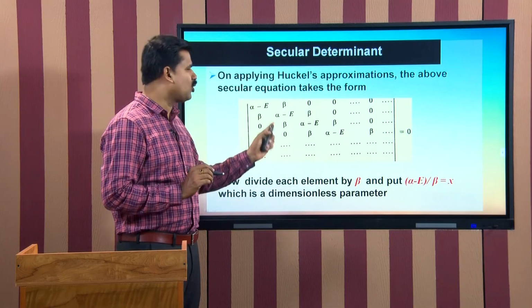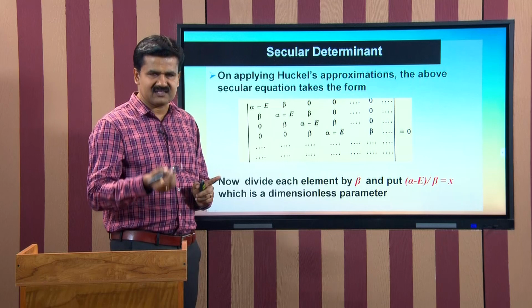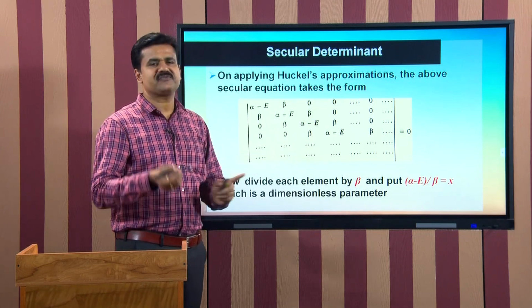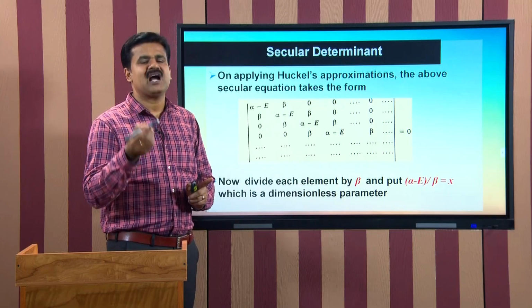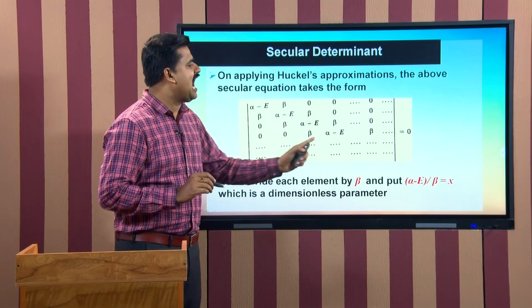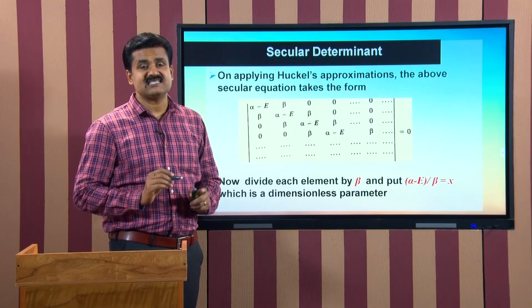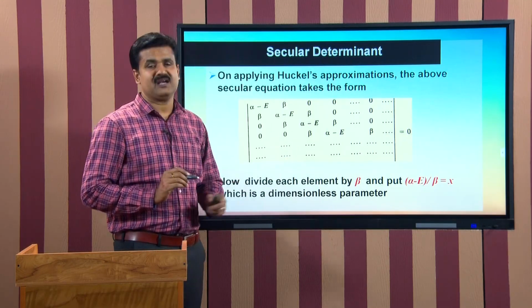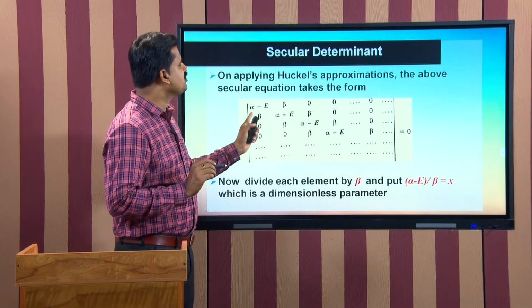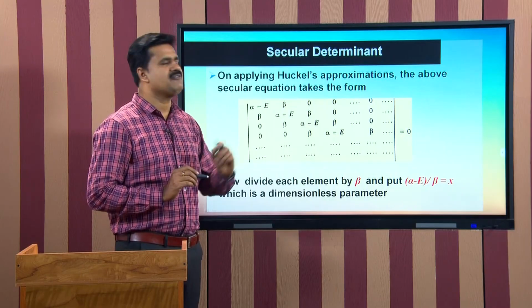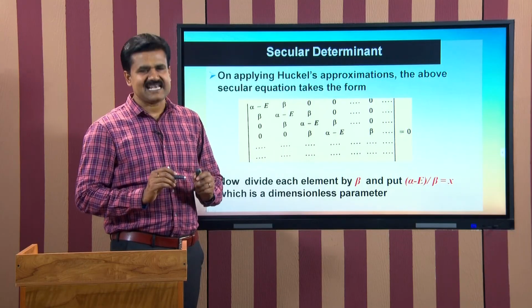So, first of all, we have to divide each element of this determinant by beta and put the substitution alpha minus E by beta is equal to x, and x is a dimensionless parameter. So, we divide each element by beta first, then put alpha minus E by beta as x.